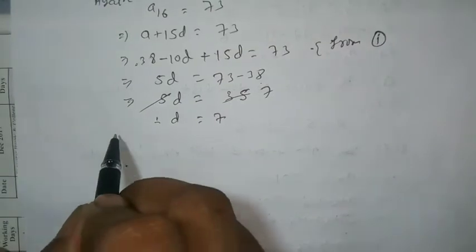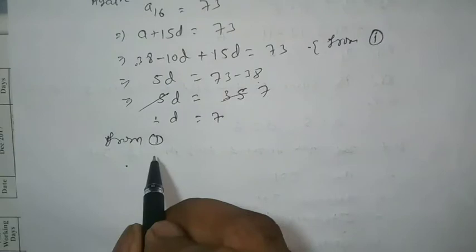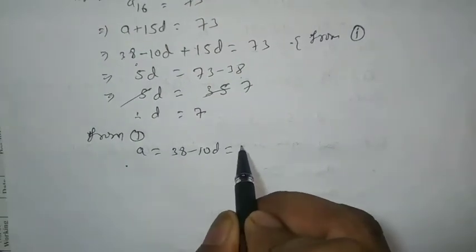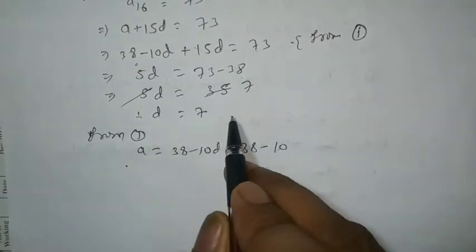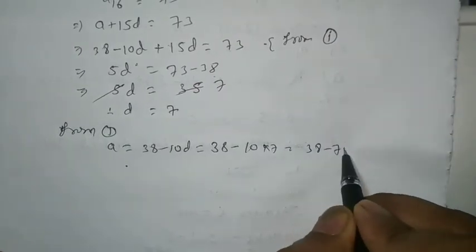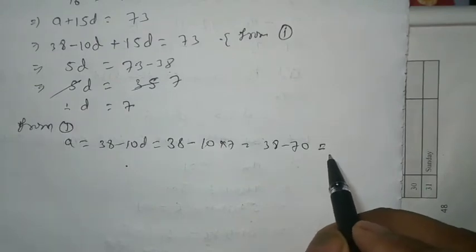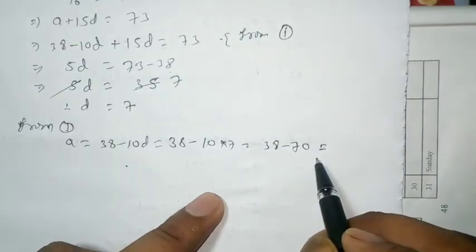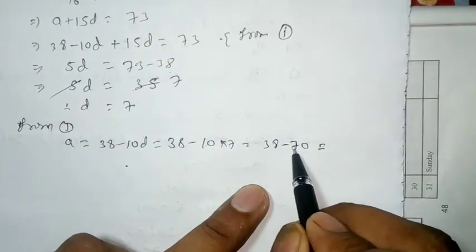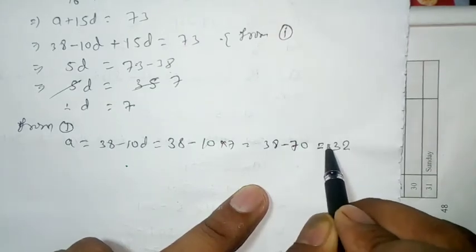Now from equation 1, A is equal to 38 minus 10D, is equal to 38 minus, putting the value of D, 10 into 7, is equal to 38 minus 70, is equal to minus 32.